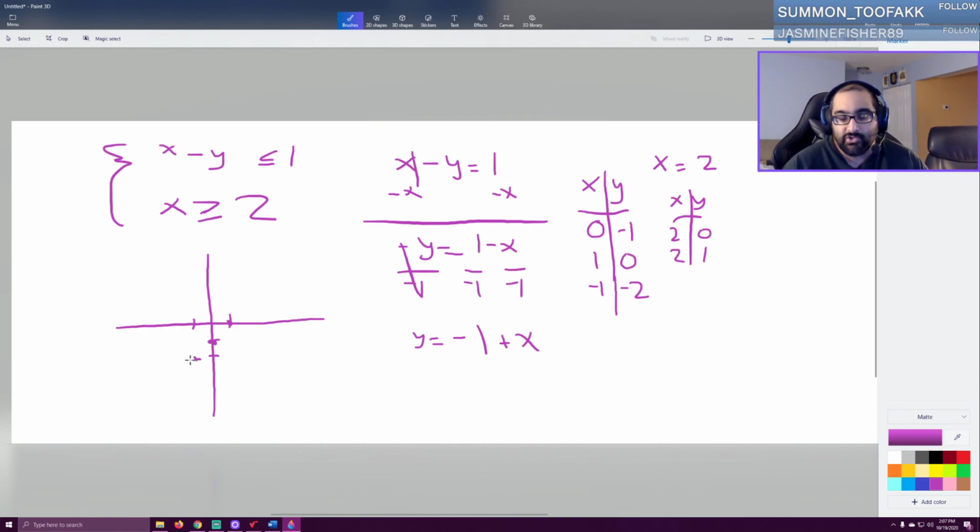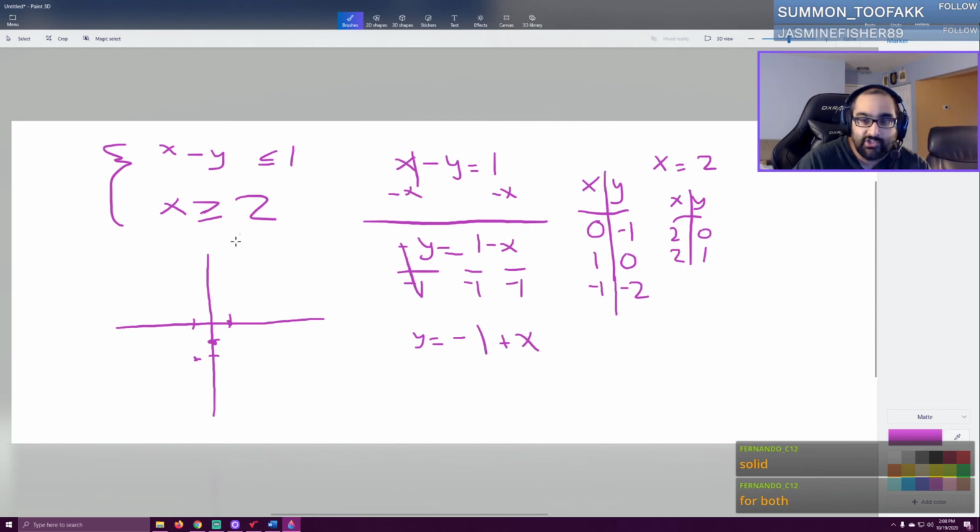Okay, so now once again, we have to decide, are we putting a solid line here, or a dotted line here? Yeah, a solid line, right? A solid line because, again, we have less than or equal to as our inequality. I'm going to put a solid line for that one.